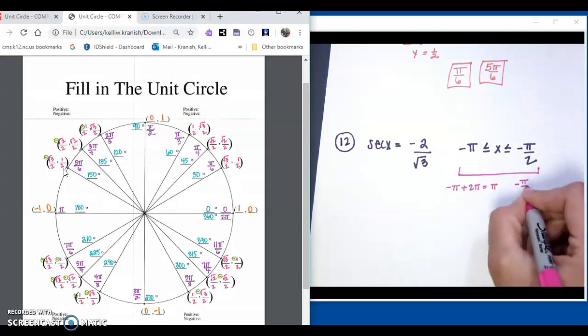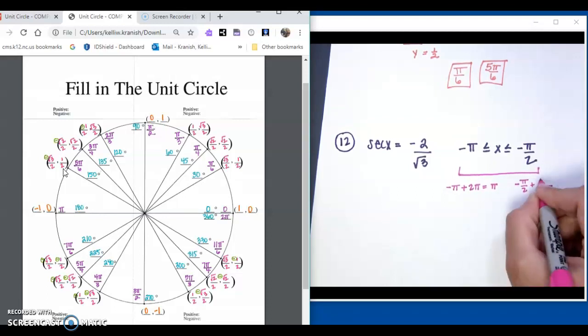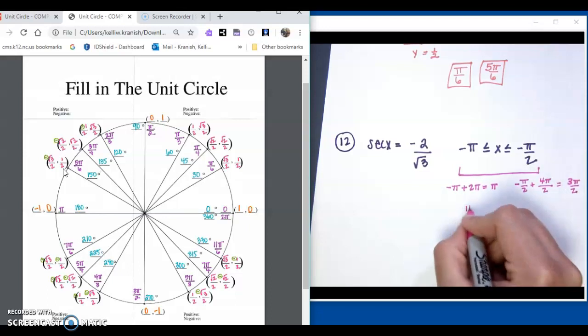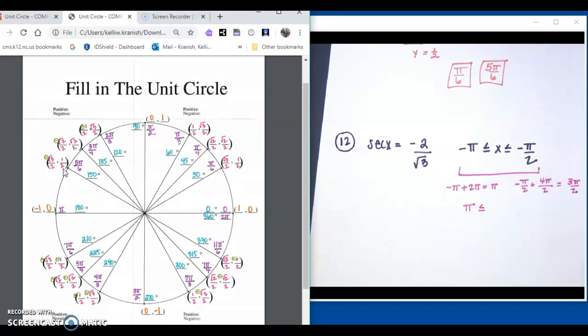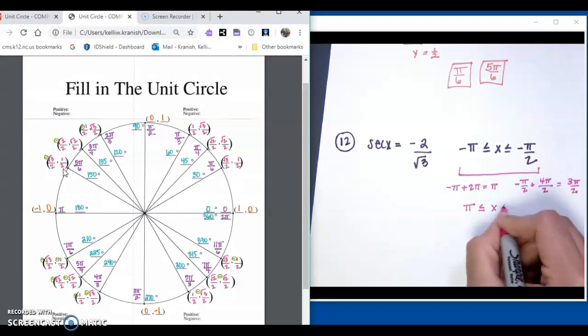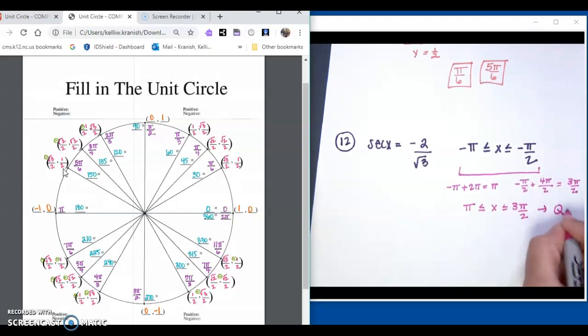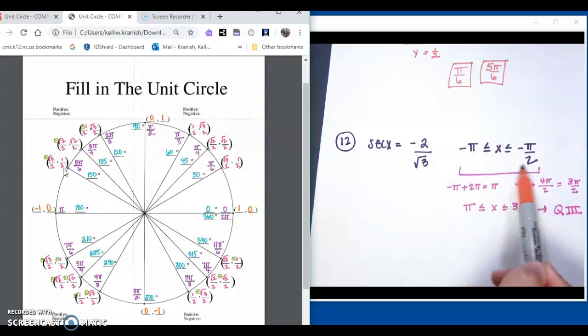And if I have negative pi over 2 and I want to add 2 pi, I'm going to add 4 pi over 2. So for purposes of my unit circle, I'm going to be looking between pi and 3 pi over 2. And that is in quadrant 3. So we're going to look in quadrant 3 for our answer. But when we finish, we're going to have to change it back to the coterminal angle that would be between these two radian values that it gave us.